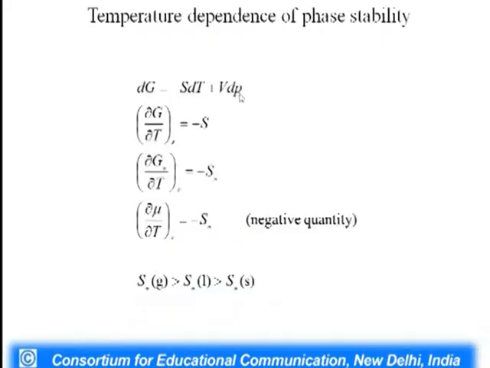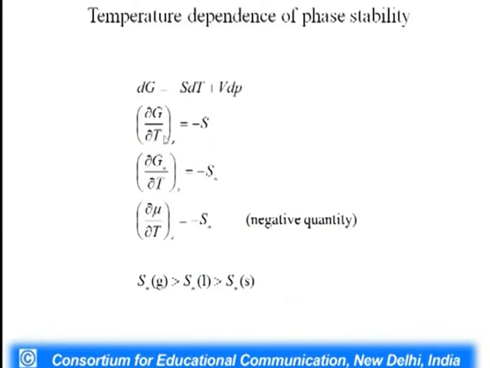Similarly, we can change chemical potential by changing temperature and pressure. Again we go back to the same thermodynamic equation: dG is minus SdT plus VdP, and del G by del T at constant pressure is equal to minus S.